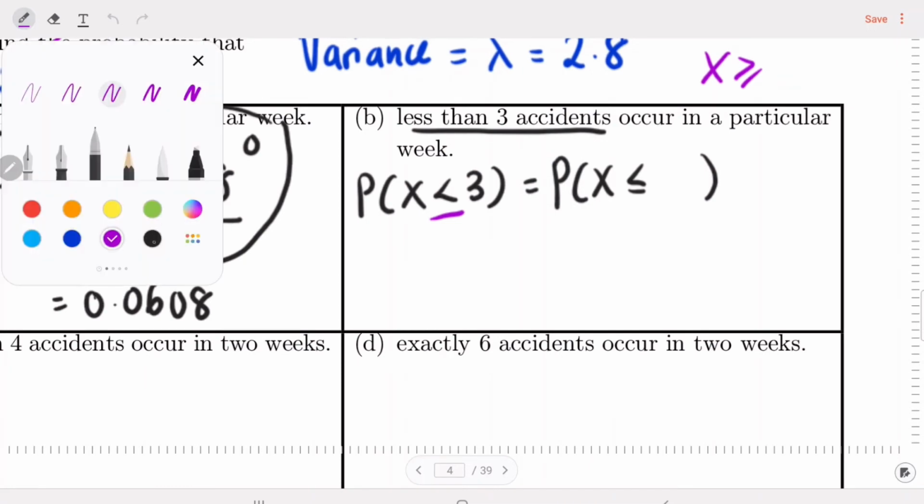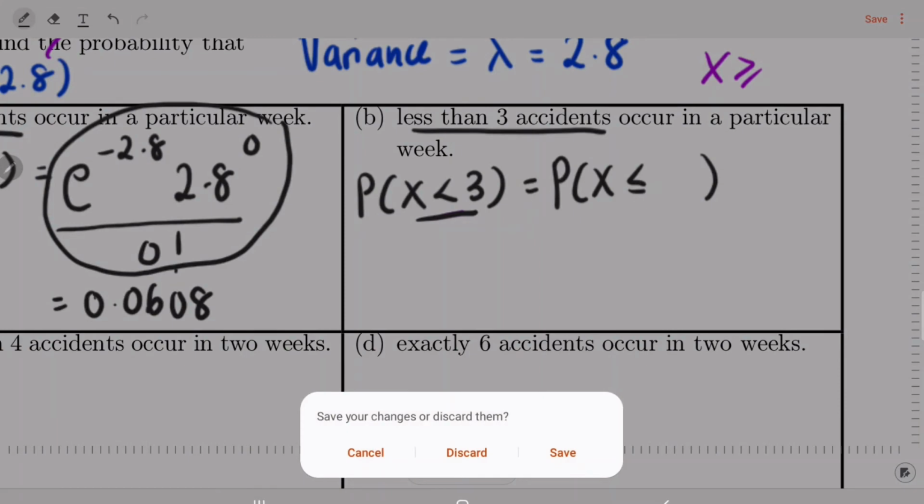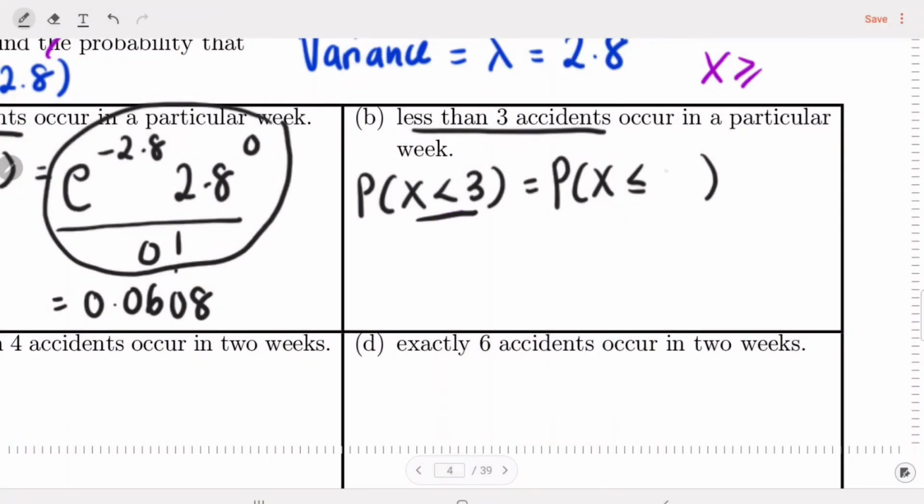So for x less than 3, it means that x less than equal to 2. Less than 3 means until 2. So change it into greater than equal in order to use the Poisson table.